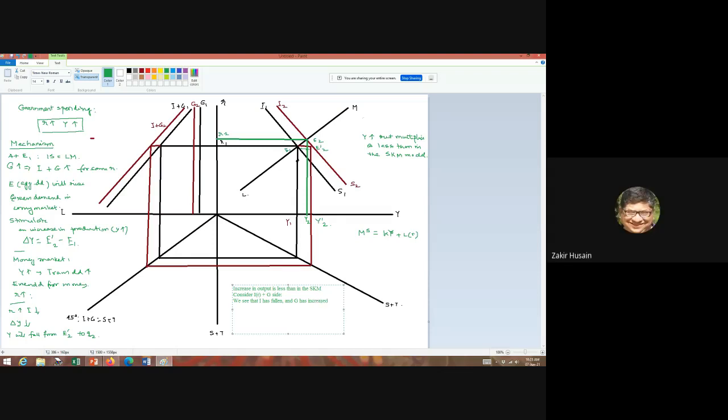Given is a parametric change. So what is happening is there's a substitution of I by G. To make it more clear, G replaces I. Technically we call this government spending crowds out private investment.